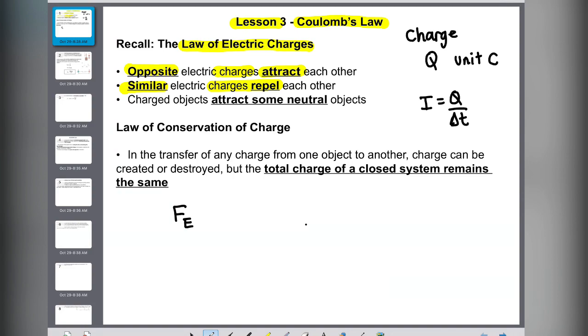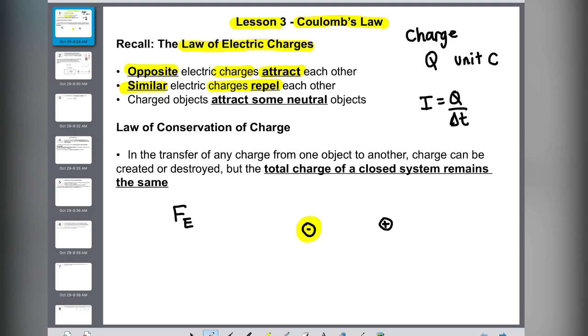If I have an object that is negative, and there is a positive charge beside it, and I focus on this negative charge, which way will this electric force be going, acting on this yellow dot?